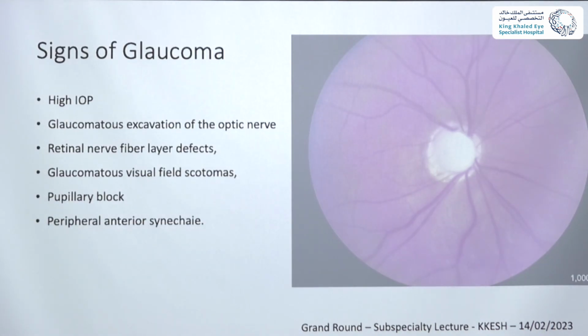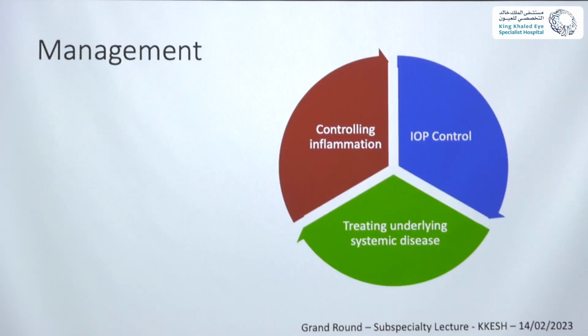Now, moving on to the signs of glaucoma in those individuals, usually they would have a higher than baseline IOP, and in chronic cases you can have already established glaucomatous excavation of the optic nerve. You can witness it as a nerve fiber layer defect, or even visual field changes, pupillary block, peripheral anterior synechiae.